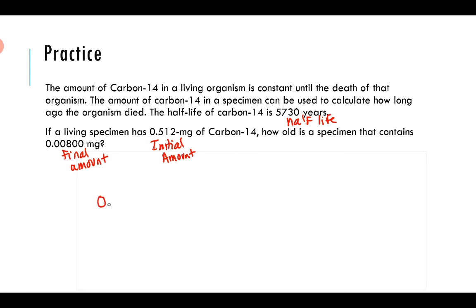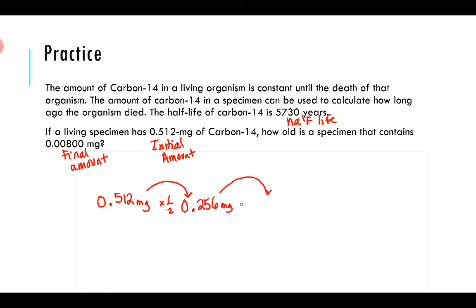Our initial amount is 0.512 milligrams. And then after 1 half-life, I'm going to have half of that. And so that is 0.512 times 1/2, which would be 0.256 milligrams.